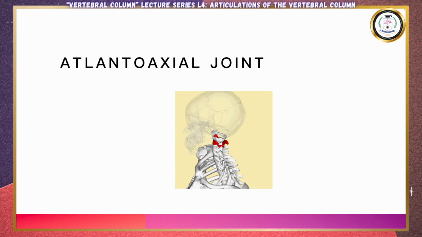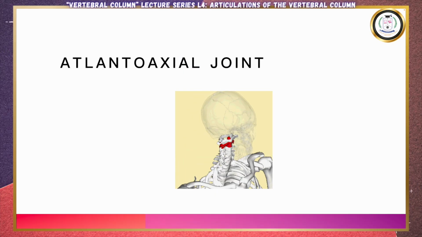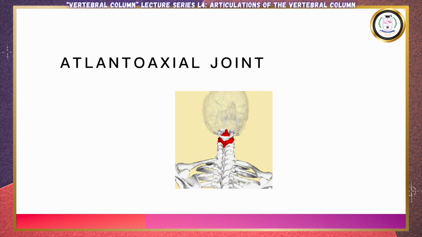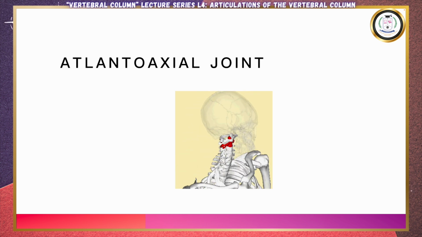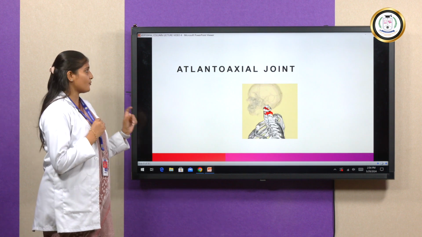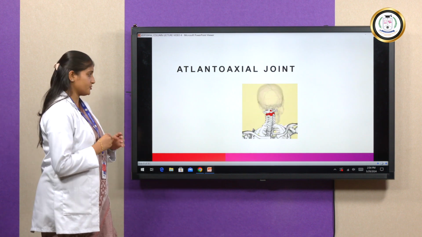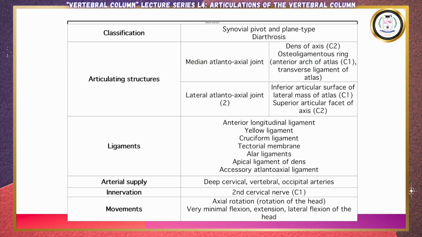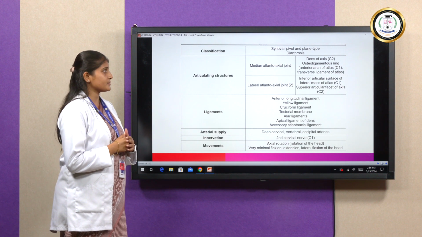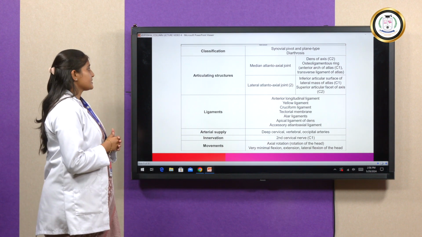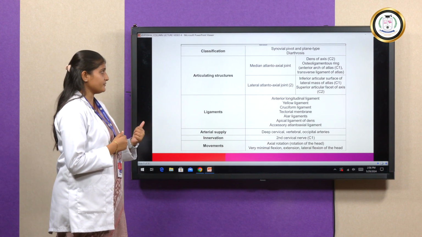Here, the dens or odontoid process of the axis articulates with the atlas bone, forming the atlanto-axial joint. The median joint is classified as a synovial pivot variety, and the lateral atlanto-axial joint as a plane variety. Here we have the articular surfaces.